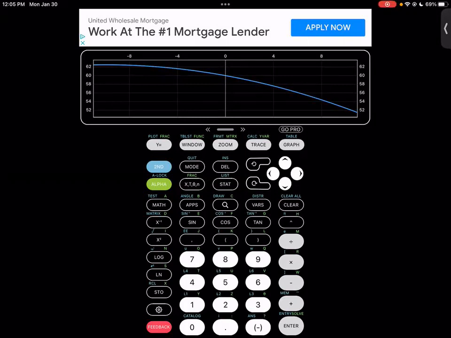Now, if your graph is looking funky like that and you can't see it, oh, sorry, you can pull it up from your Moodle. It's lagging, sorry.